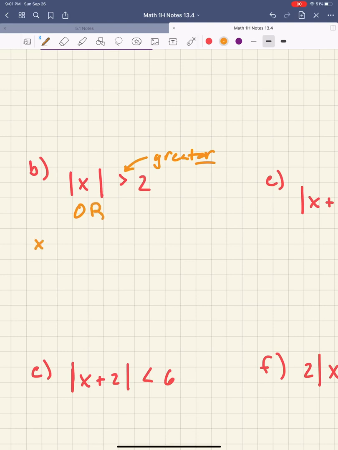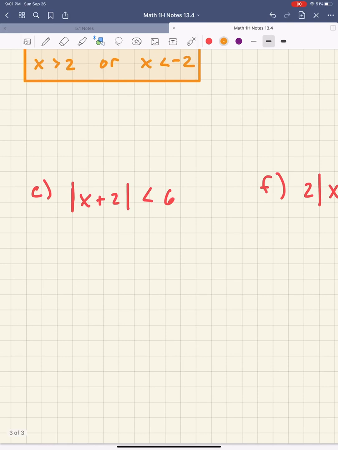So the first part looks the same, x is greater than 2, or set up our second one, x is less than negative 2. So I'll give you a second to see if you can figure out how I changed that one. So for this one, we flipped the symbol and we flipped the sign. And then again, x is already isolated for each one of these, so we're done.